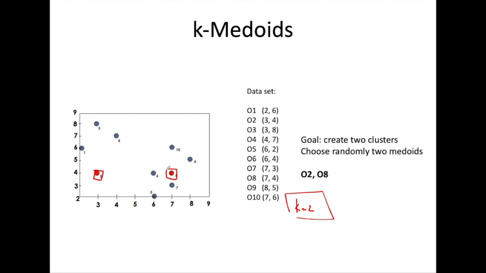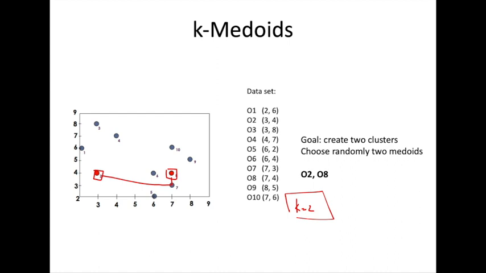So now we're going to create the clusters, and in order to do that, we assign all the other points to the closest Medoid. So we compute the distance, for example, this distance and this other distance, and then we assign the point to the closest Medoid. In this example, 7 is going to belong to the cluster of this 8.